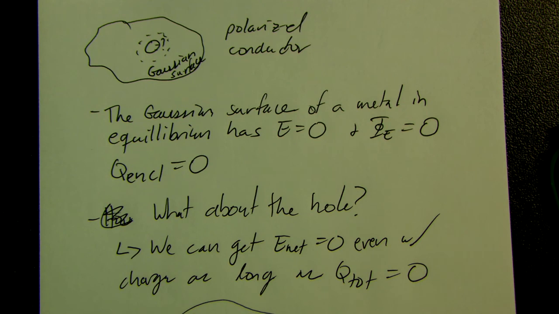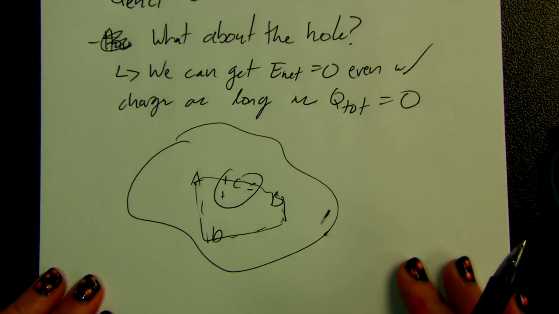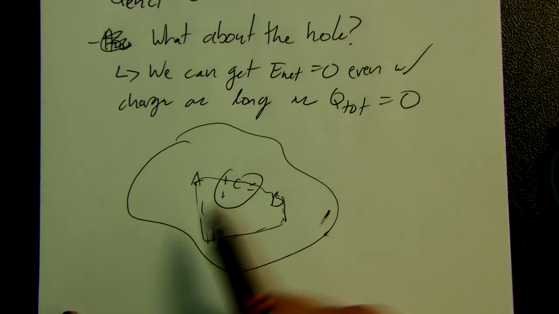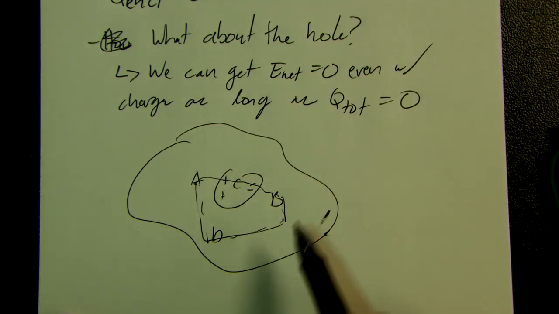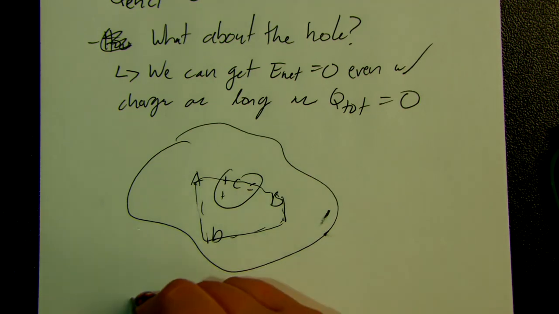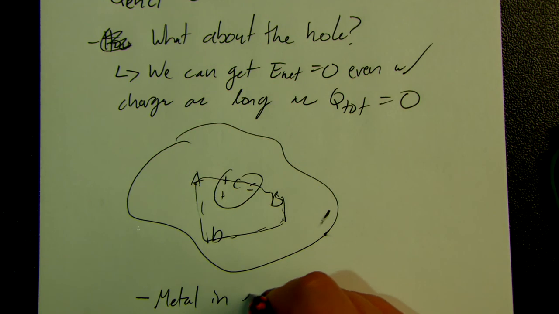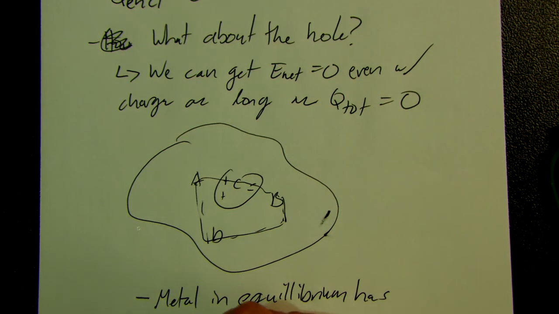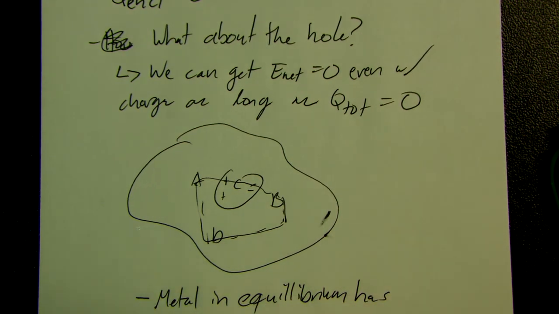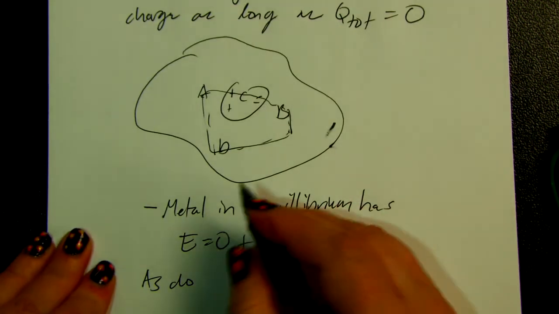And therefore, the potential difference is 0, and therefore there are no charges on the surface of the hole. Metal in equilibrium has E equals 0 and flux equals 0, as do any holes you make.